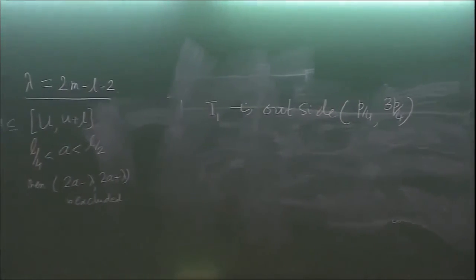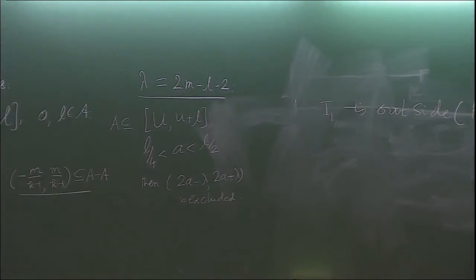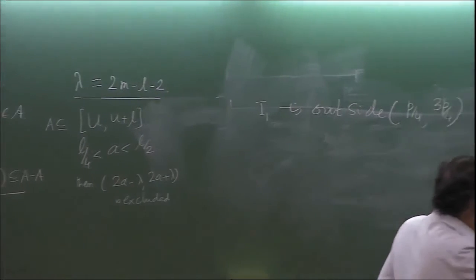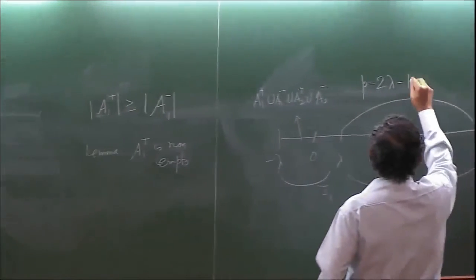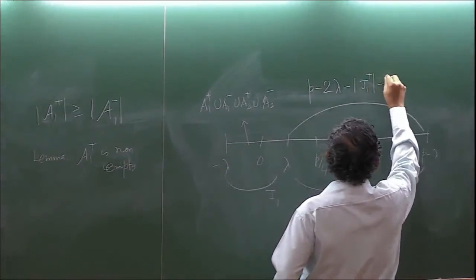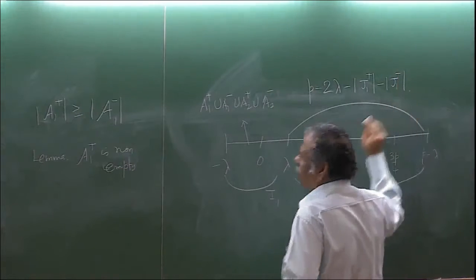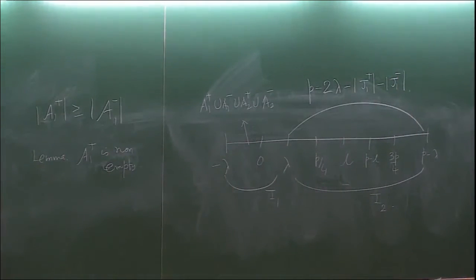Therefore they cannot contain elements. So the maximum number of possibilities here is the length of the interval minus the cardinality of J1 plus minus the cardinality of J1 minus. That's all that is possible there, so you know the total number.